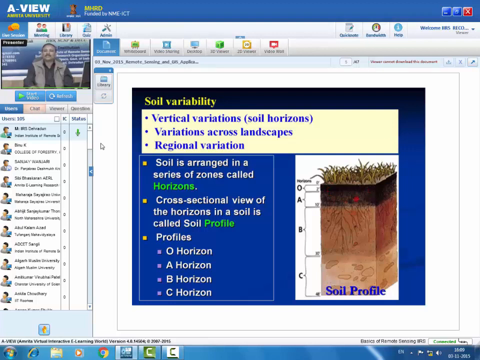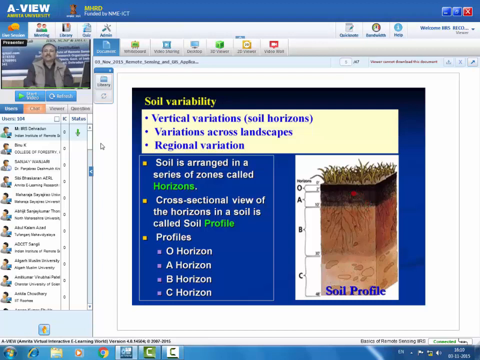Then why does this material become dark? It is because of the interaction of climate and organisms, and some of the material is moved from this layer to the subsurface layer, and that's why there is also a change in color. But the last layer, the C layer, is unaltered, remaining very much unaffected by the climate environment.